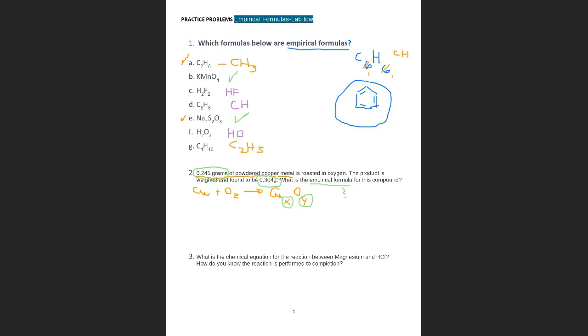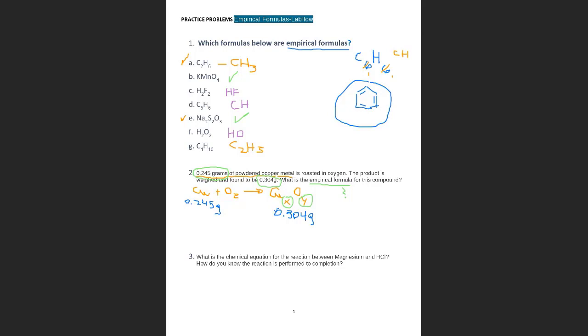So you know the steps. At the beginning, you have 0.245 grams of copper. And at the end, I weigh the product and I have 0.304 grams.